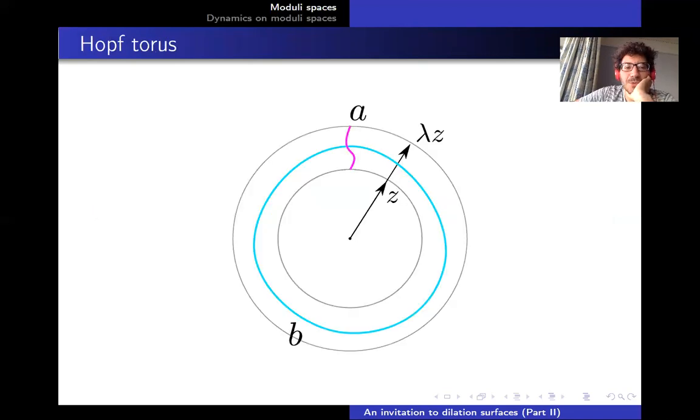And well, the reason for that is actually quite simple. If you consider what's called the Hopf torus, which is the quotient of C minus 0 by the dilation z goes to lambda z, so maybe lambda is equal to 2, different from 1. That's the only thing that's important, which amounts to gluing two boundary circles of an annulus together using the only dilation that does that. Well, this cannot be triangulated for the stupid reason that you don't have a singular point. But even if you were to mark a point and decide this is an artificial singular point, you couldn't do that.